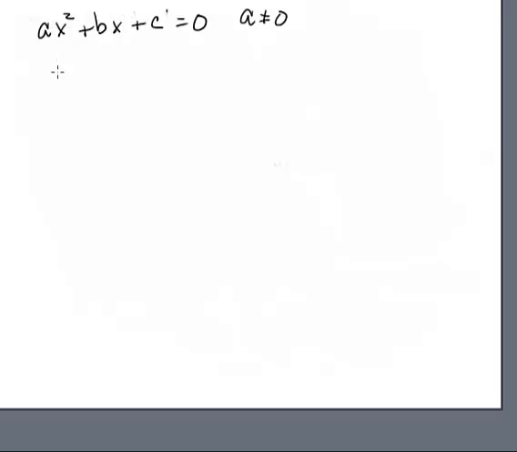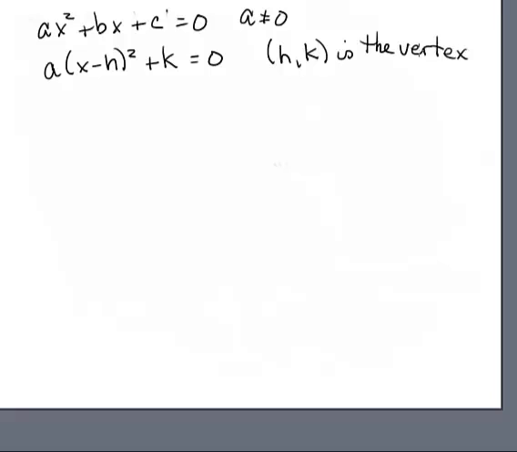Another way to write a quadratic is in this form: a times x minus h, squared, plus k equals 0. When you can write it like that, then you know the vertex of the quadratic. h comma k is the vertex.